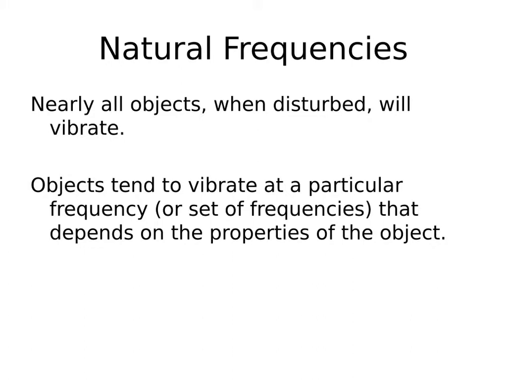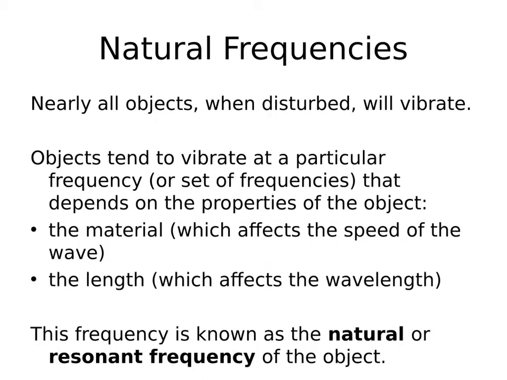And that, of course, depends on the properties of the object. So the material it's made of, how large the object is, how long it is, etc. And just about every object you can think of will vibrate or oscillate when it's disturbed, when a force acts on it. So the material, of course, that the object is made from affects the speed of the wave.